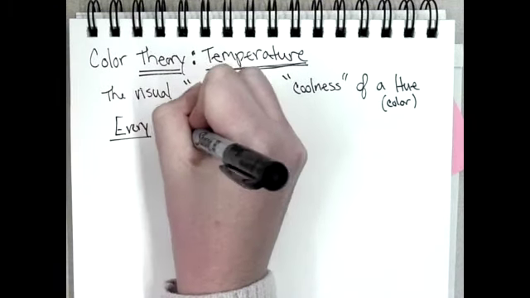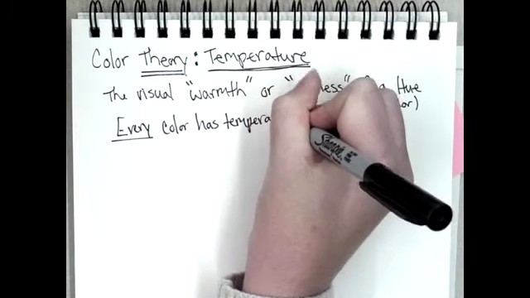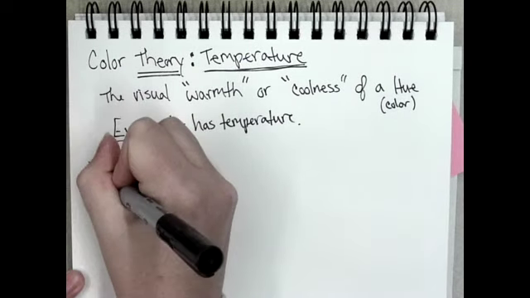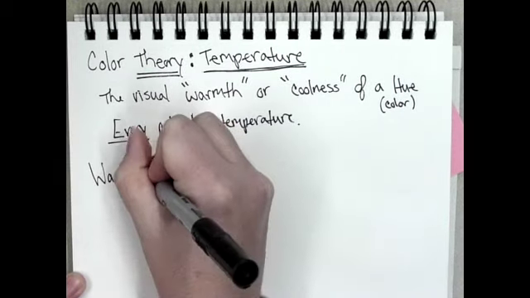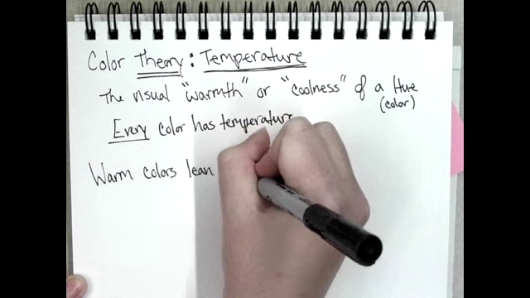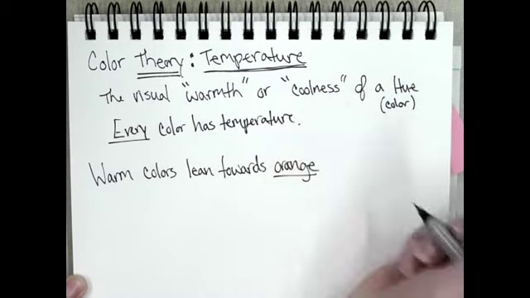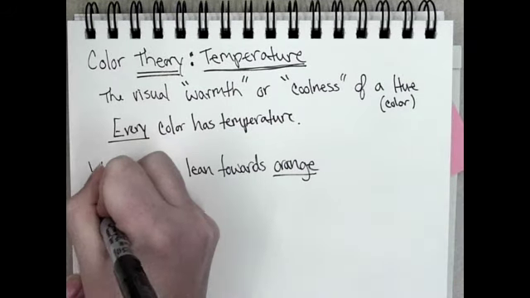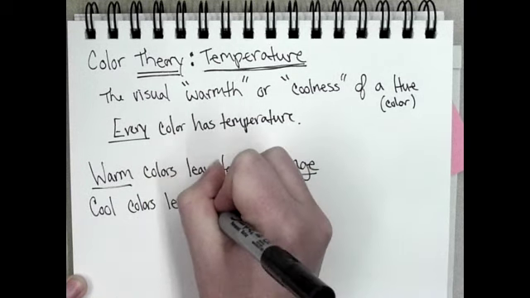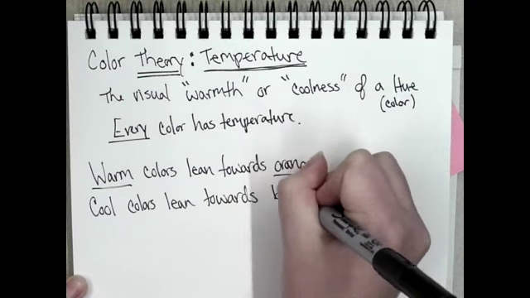Every color has temperature. Warm colors lean towards orange. Cool colors lean towards blue.